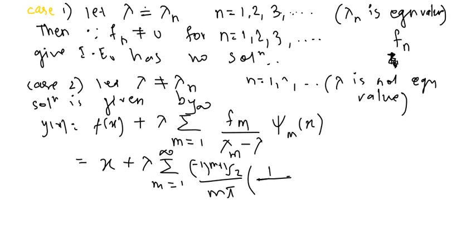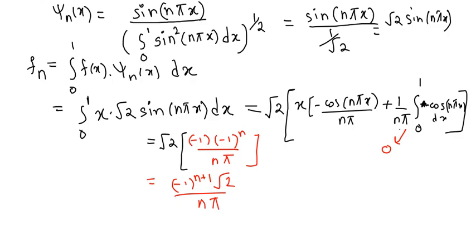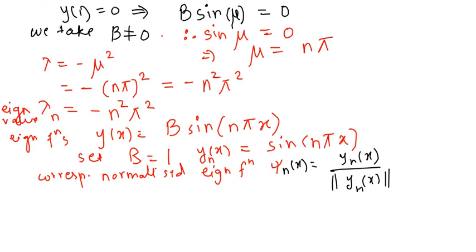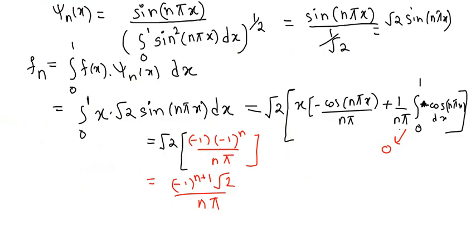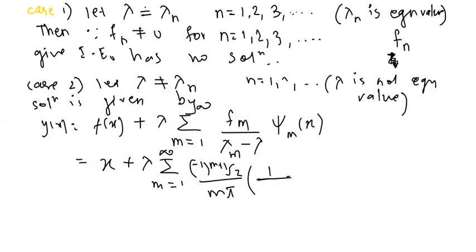Lambda n is this, so lambda m will be minus m square pi square, minus lambda.